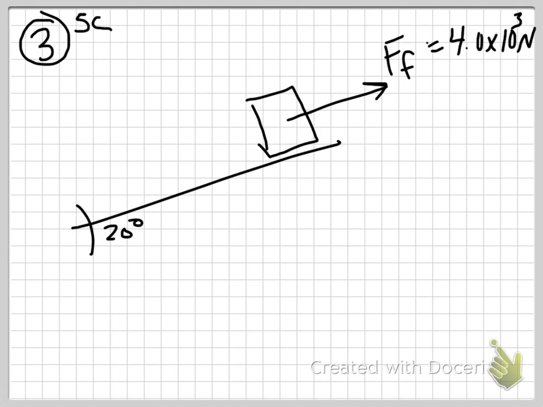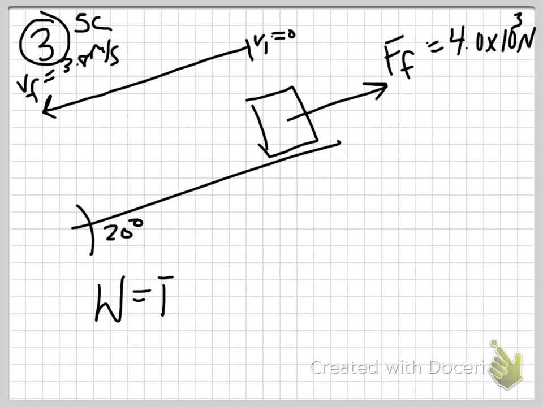At the bottom of the driveway, VF is equal to 3.8 meters per second. We know it started from rest, so VI equals 0. What we want to know is the distance that it travels.